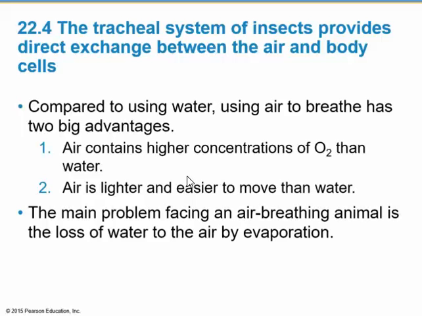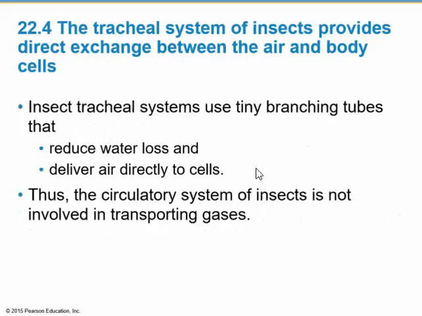As I said earlier, respiratory structures such as gills, lungs, and tracheal systems are very highly branched. And with the insect tracheal tubes, all these branches cut down on water loss, keeping the surfaces moist.